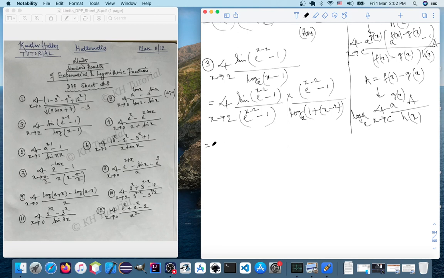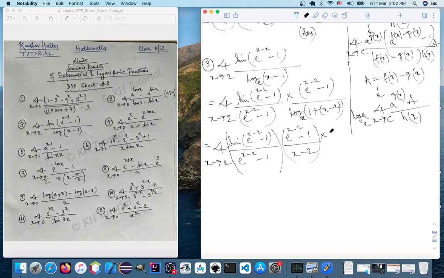So let's create the x minus 2 so that this gets sorted out. We can apply the standard result for this, which will be 1.